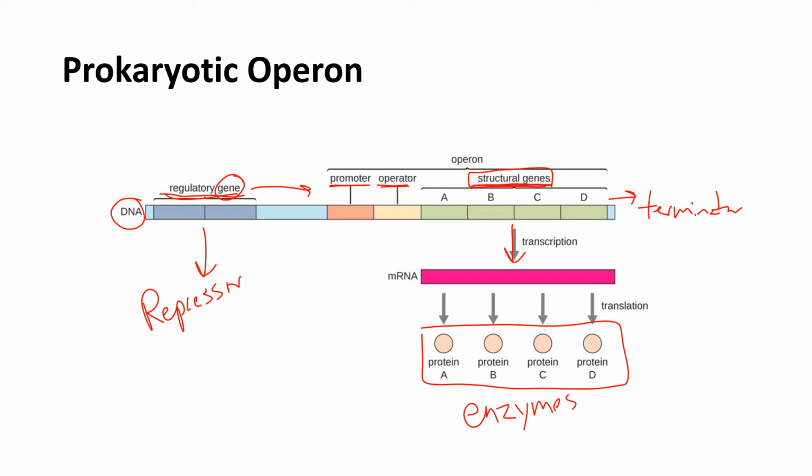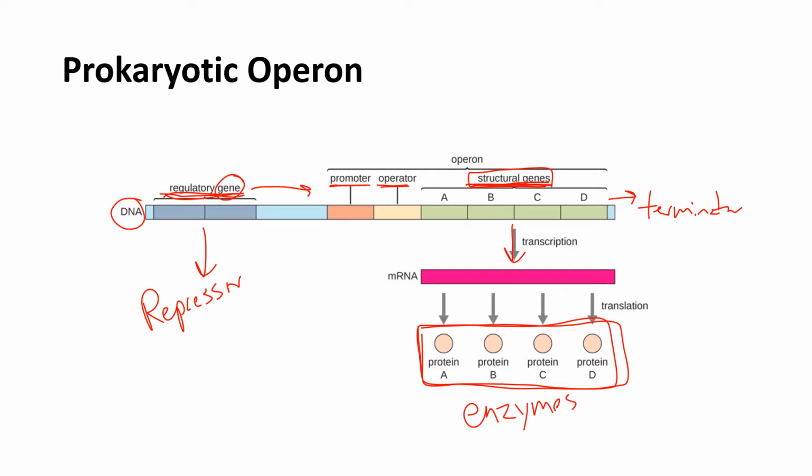And often in an operon, to promote efficiency, all related enzymes are controlled by one promoter. These are all enzymes that are involved in one particular metabolic process. So those are the two types of genes, regulatory genes and structural genes. And remember, there is a protein product for all of these genes.